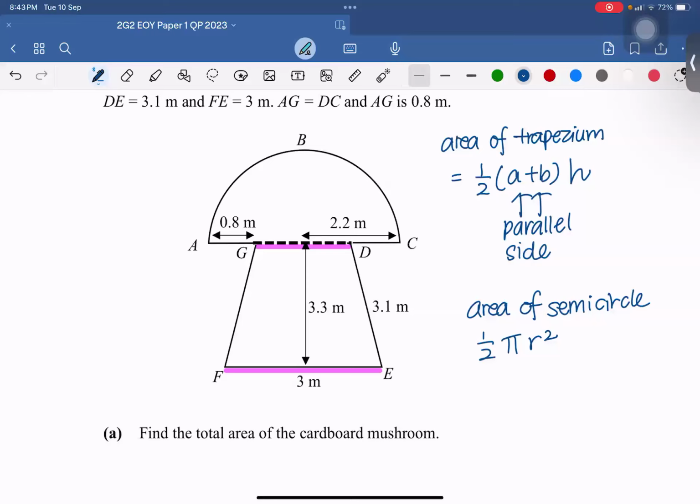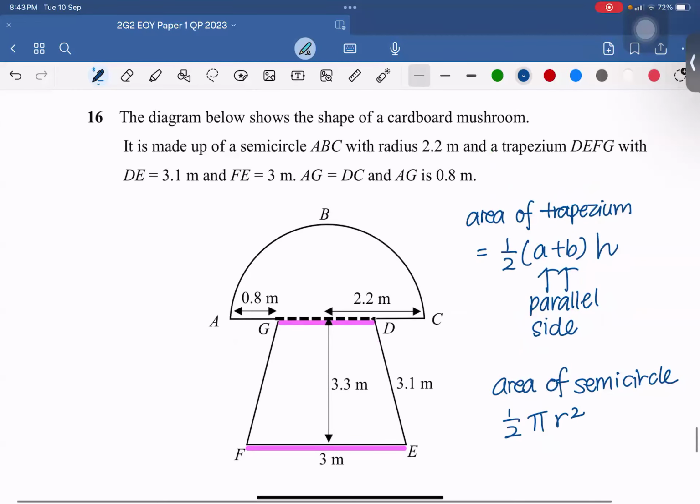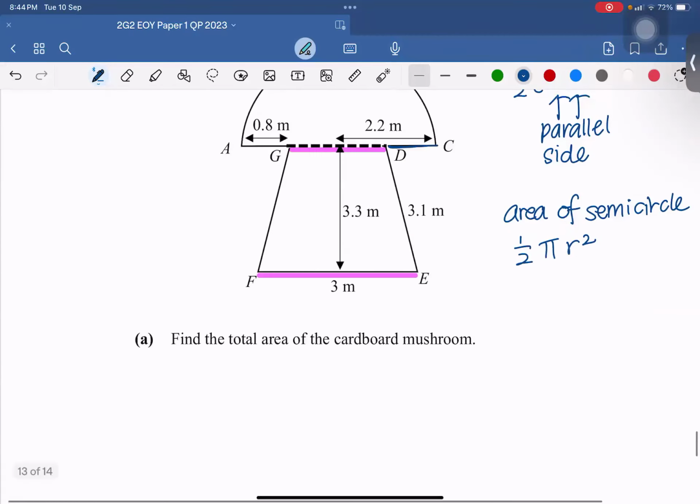So in this case, we have these two formulas, but let's analyze the shape. It's made up of a semicircle. Radius of the semicircle is 2.2, meaning the whole thing over here is also 2.2. Now this part is 0.8. This part will also be 0.8, right? Question, how to find GD?